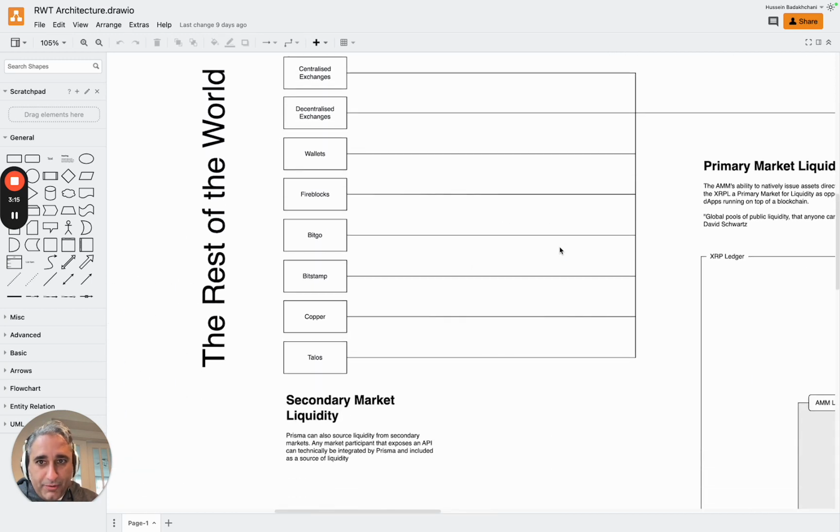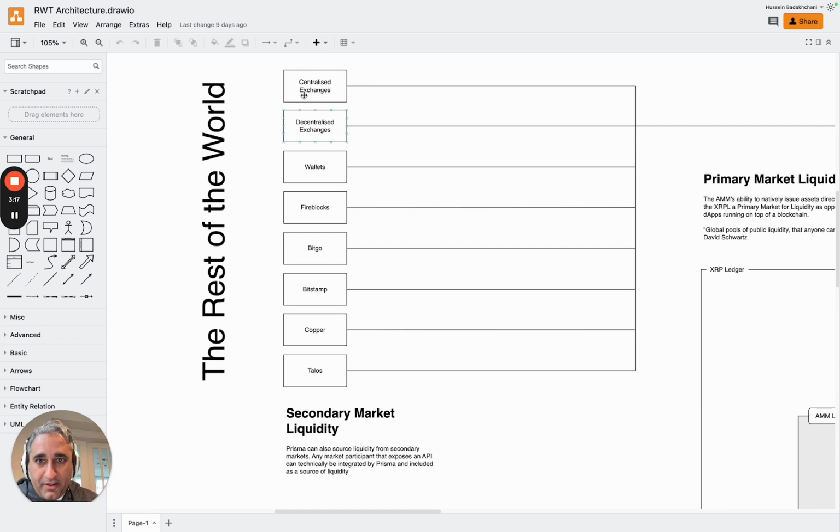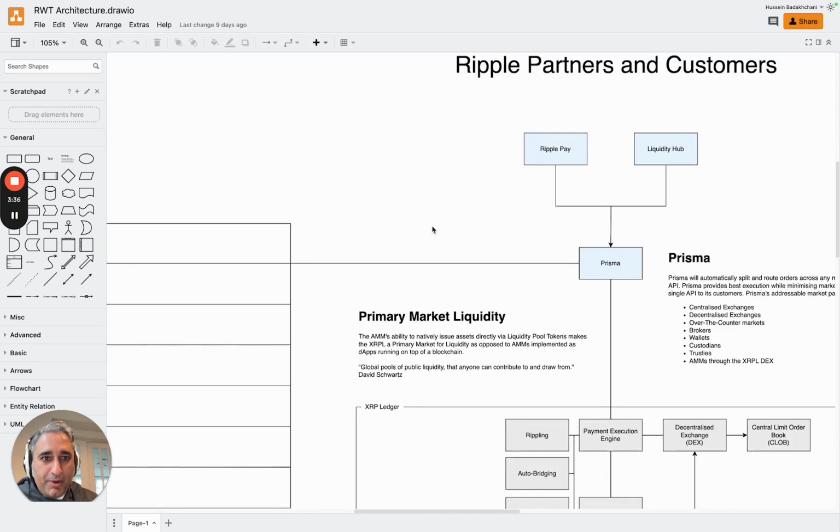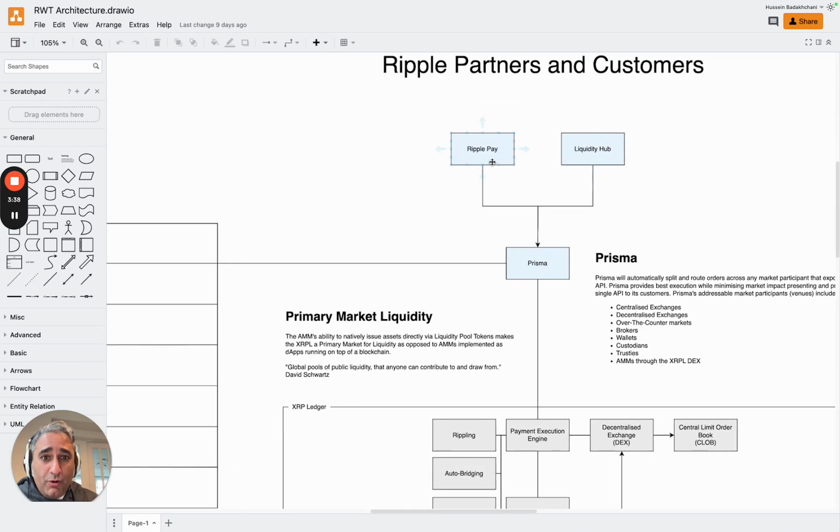One of them is secondary markets, all of these elements that we described. So anything that presents an API, Prisma could potentially query to obtain price data and route the order in the most efficient manner without moving prices and source liquidity for that particular transaction, whether it's a purchase from Liquidity Hub or it's Ripple Pay doing a cross-border payment.